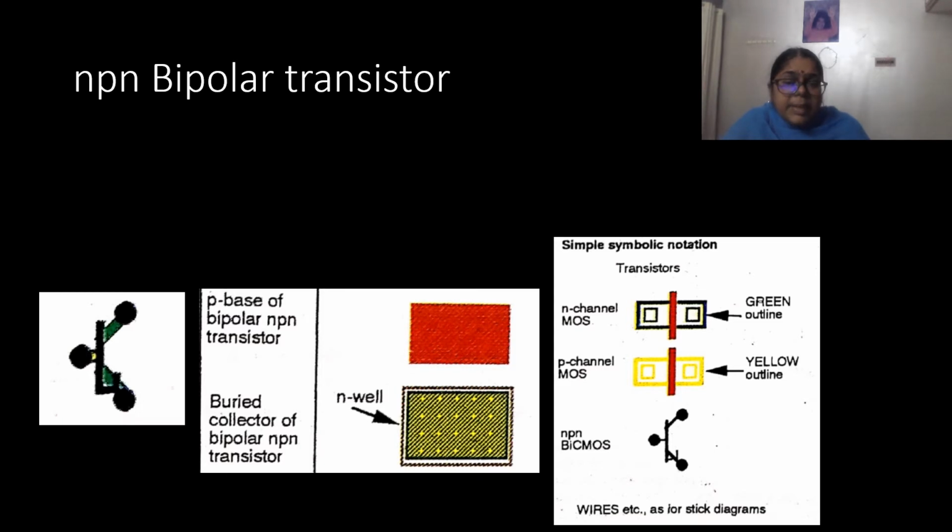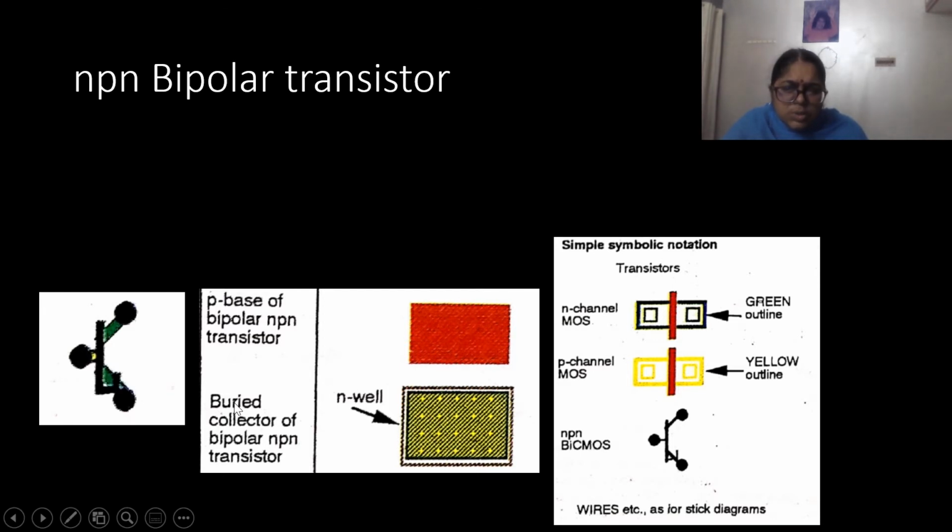Similarly, an NPN bipolar transistor can also be formed, and it is represented in this manner in the stick diagrams. So you have 3 dots indicating base, collector and emitter, and then the normal transistor symbol is used, but a thicker one.